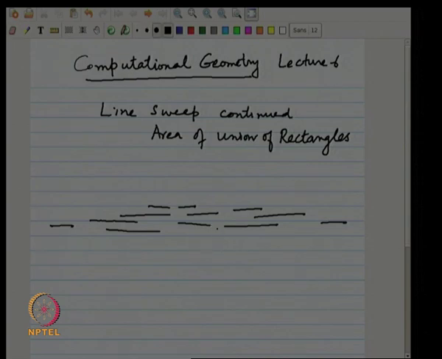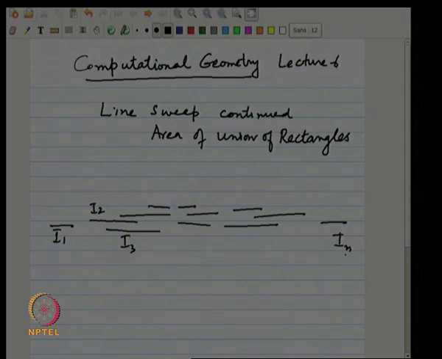Right. Okay. So, we have this set of intervals, let us call them I1, I2, I3, etc. to some I sub n. So, we are given these intervals along x axis. Of course, in the actual problem these intervals are along y axis, right.